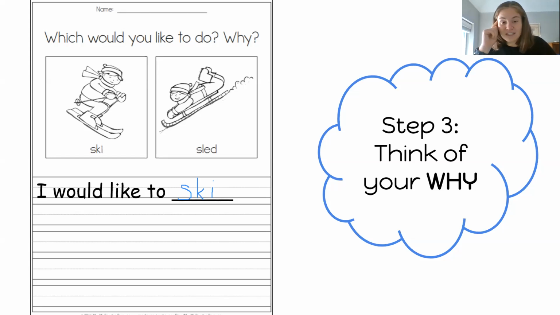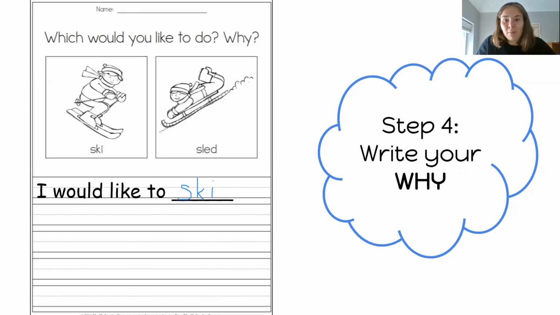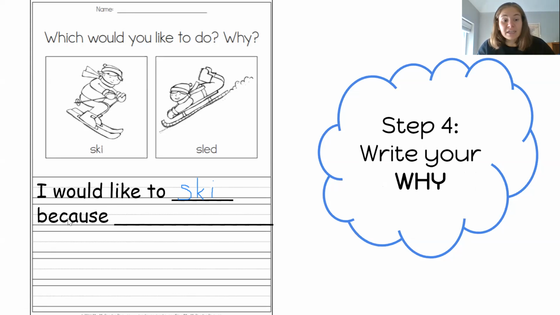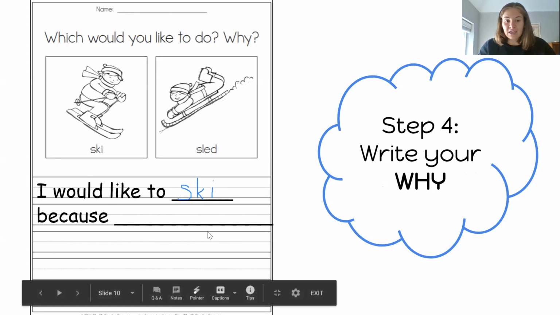Your why could be any reason that you have that makes you like the activity that you chose. Okay, so I've decided on my why. Now I can move on to step 4, which says write your why. Okay, so we're going to keep on going with this sentence. I'm going to add a word. This word is because. So now my sentence says, I would like to ski because blank, right?